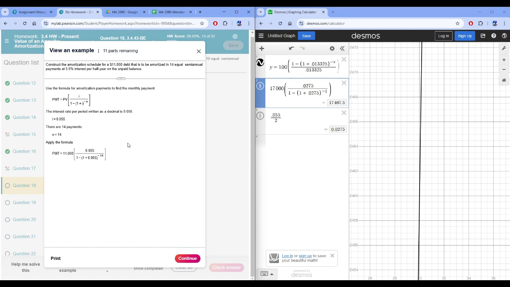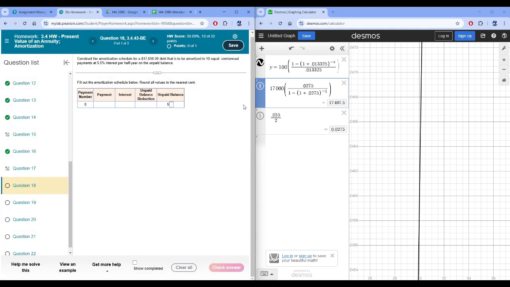Semiannually? Why is it that? That doesn't make sense. So 0.055, that doesn't make any sense.